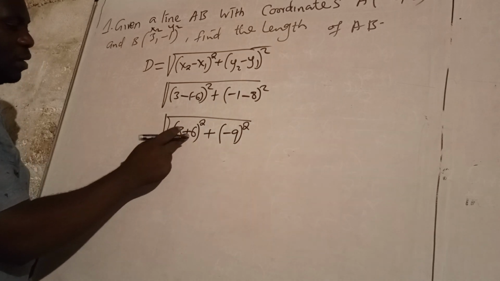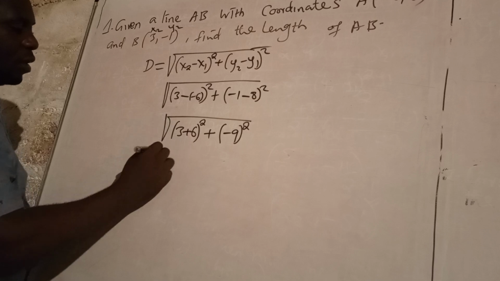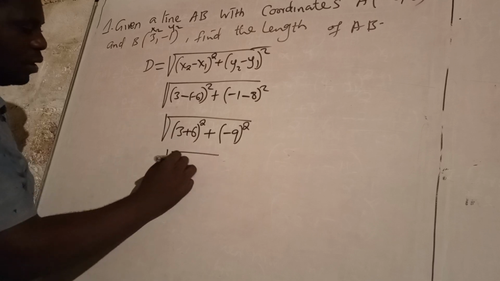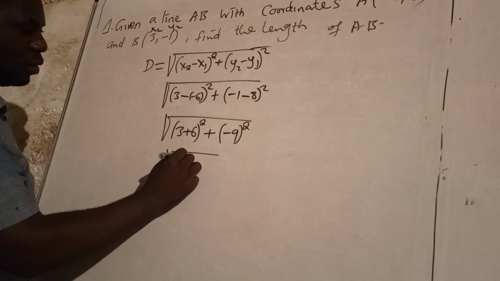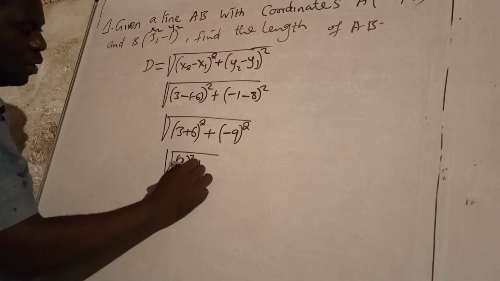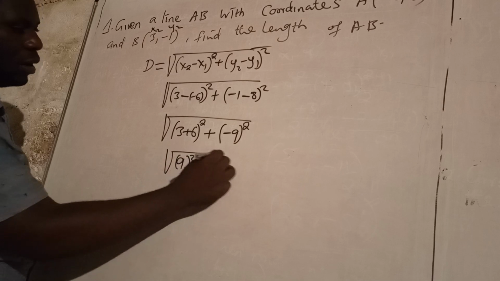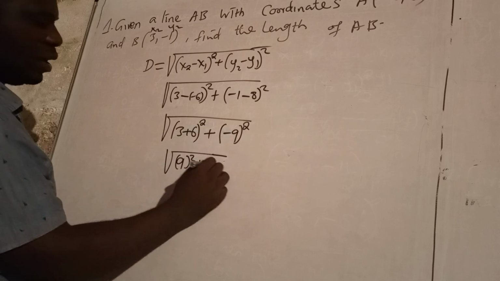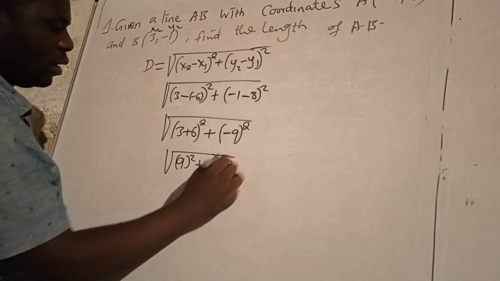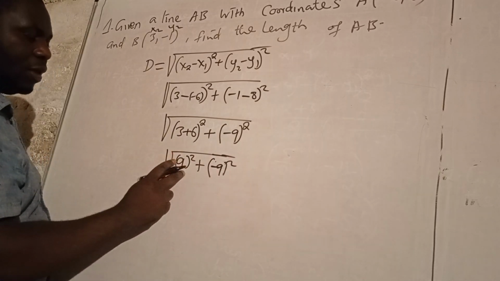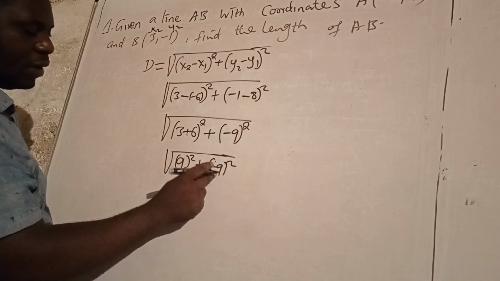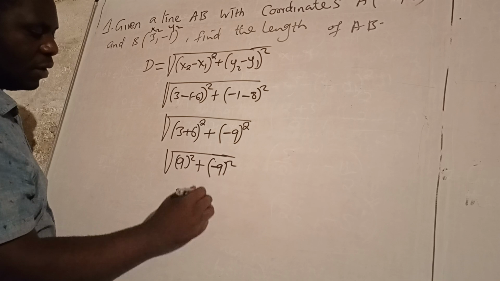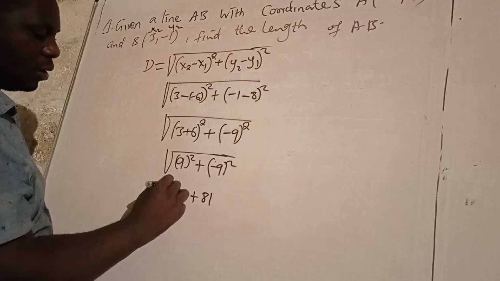I'll say 3 plus 6, the answer is 9, squared, then plus it. Then here, I'll maintain -9 squared. Good. So 9 times 9 is 81, plus again, -9 times -9 is positive 81, square root.